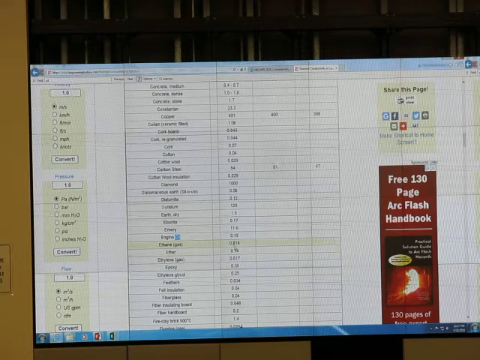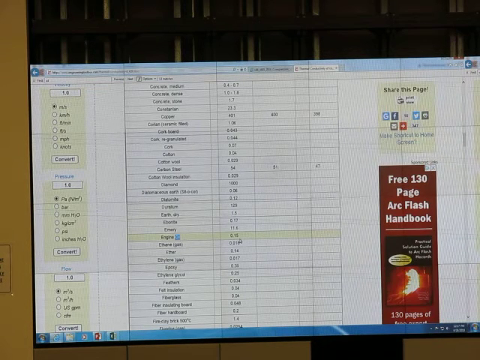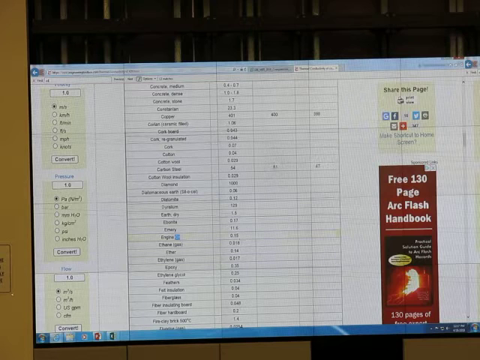Crude oil about 0.13. 0.13, 0.14 is a good number for crude oil. Carbon steel is 50. Oil is 0.15, 0.14, 0.13. All that is okay. Water is 0.6. Polyurethane 0.03. Copper pipe is 400. So I use copper pipe for this purpose. It doesn't prevent any heat from going out.